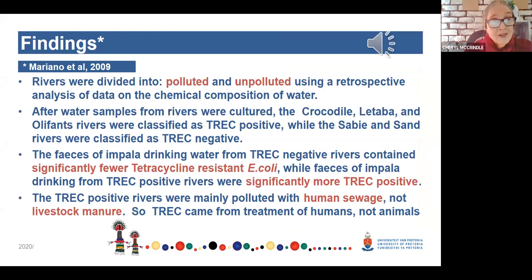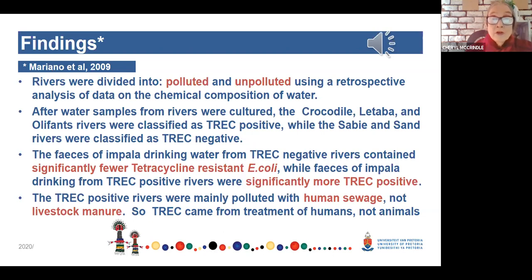So we divided our rivers into polluted and unpolluted rivers, and we looked at data on the chemical composition of the water, which included sampling for bacteria. Then we cultured water samples from the river and found that 3 of the rivers were classified as Trich positive and 2 were classified as Trich negative.